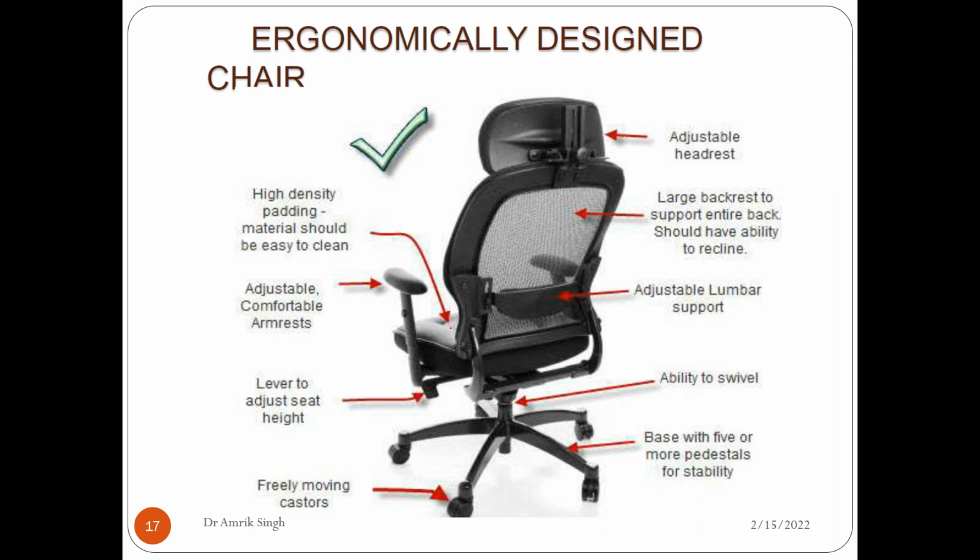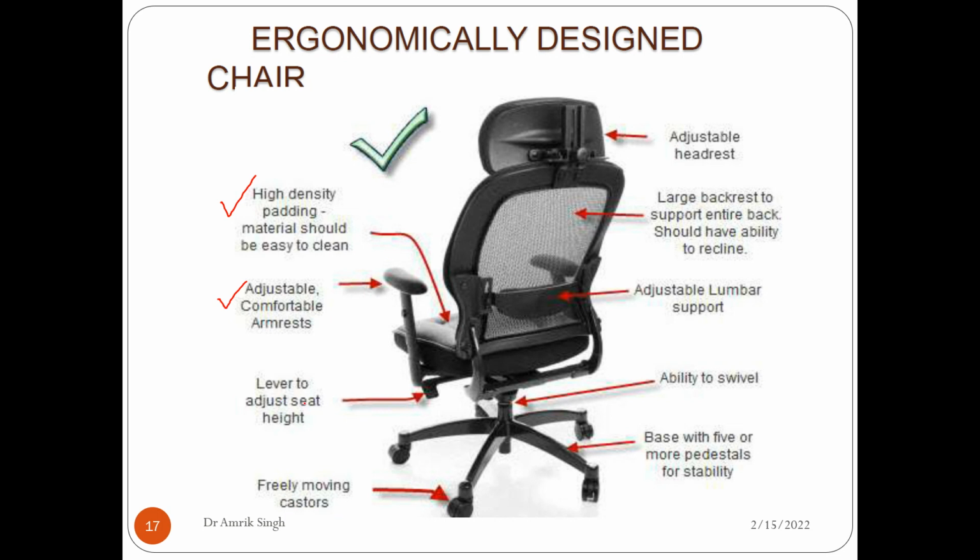The padding is HDPE, high density padding, and the material should be easy to clean. This is one thing. The armrest should be adjustable and comfortable. It can tilt this way, tilt that way. It should be easily adjustable.